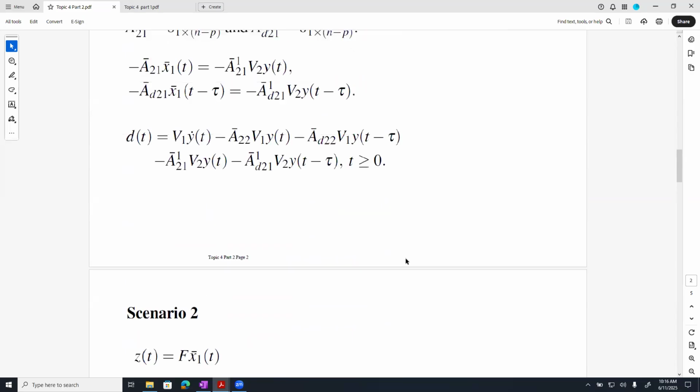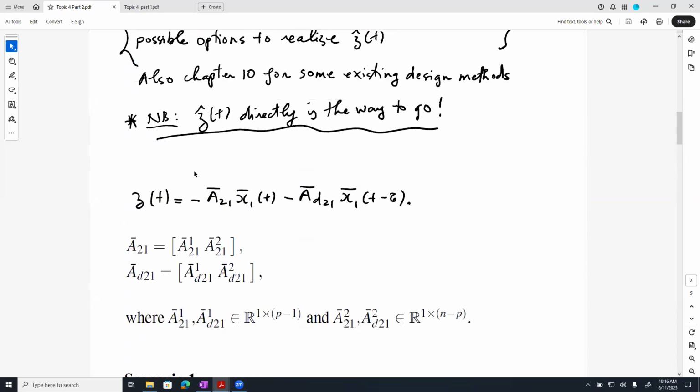So in other words, when we look at these two terms, that one is non-zero. But this term here has this sub-row matrix 0. So that means that we don't need to estimate this term because it's just a linear combination of the delayed output measurement y bar of t, whereas this thing contains the unmeasurable sub-vector.